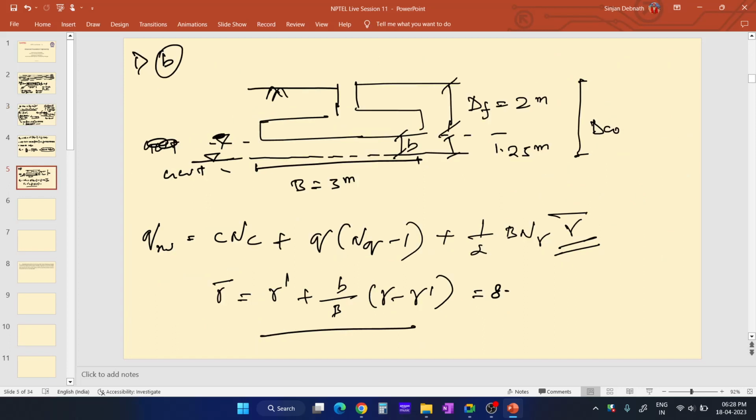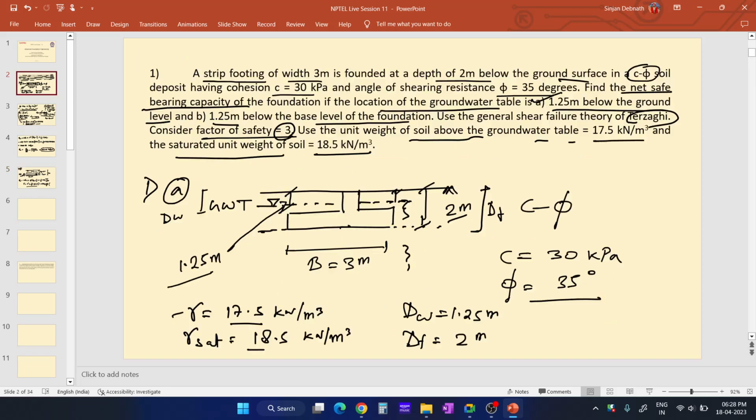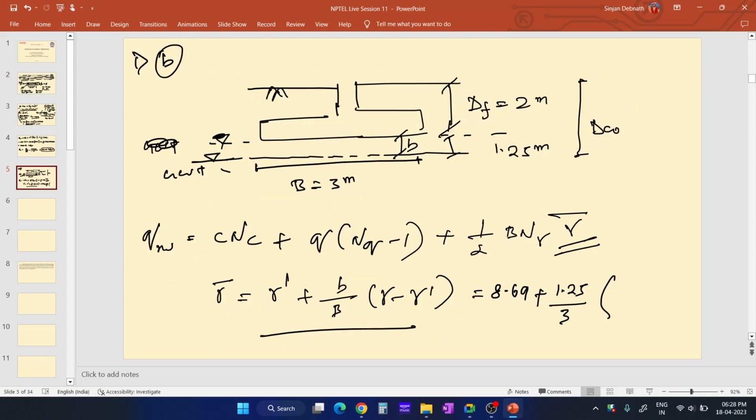So 8.69 plus b, which is 1.25, by capital B, which is 3 meter, times gamma minus gamma submerged. Gamma, the unit weight of soil, is 17.5, so 17.5 minus 8.69.